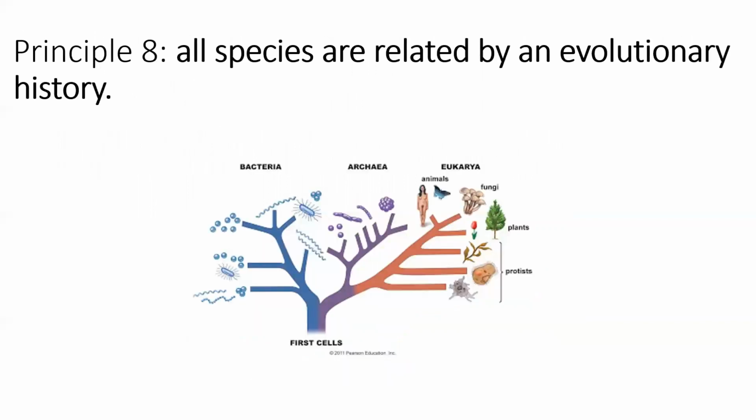Touching on evolution again, we're all related by an evolutionary history, which we'll talk about in great detail and which is covered again in 182. Basically, the first cells that arose on our planet 4.2 billion years ago, the first organisms, gave rise to us. We'll talk about how that came about.